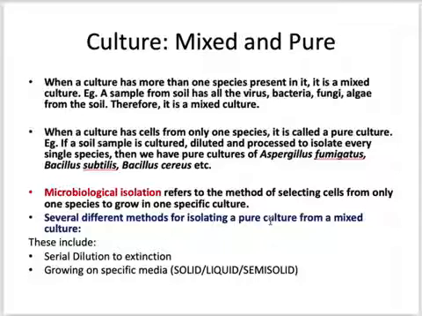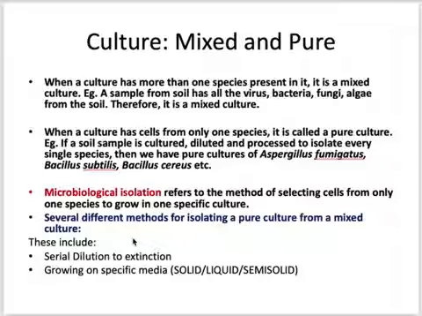Now let's go back to the soil. You have a soil sample, and the soil sample is a mixed culture, right? It contains different types of microorganisms like virus, bacteria, fungi, and algae. Your goal is to isolate only one species, that means you want to isolate a pure culture from a mixed culture.